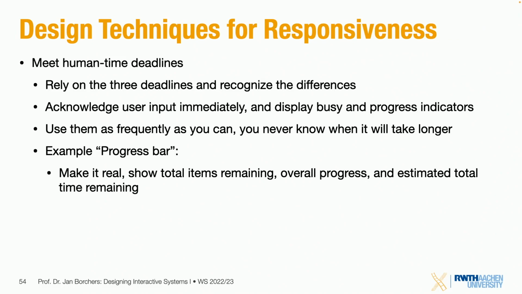I'm like, why? I want to see the total task as a progress bar, because I don't care when you're done with one task. I know it's easier to write it that way as a programmer, but it's not what I'm interested in. So it has to be overall progress and estimated total time remaining.